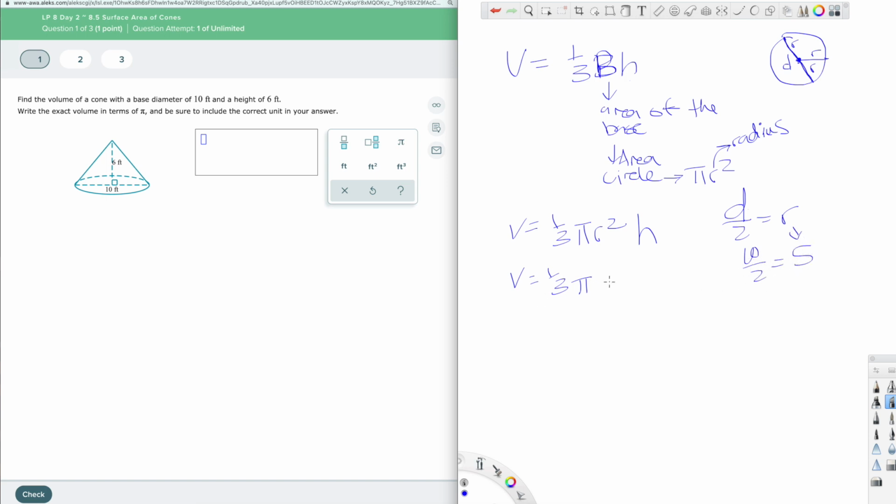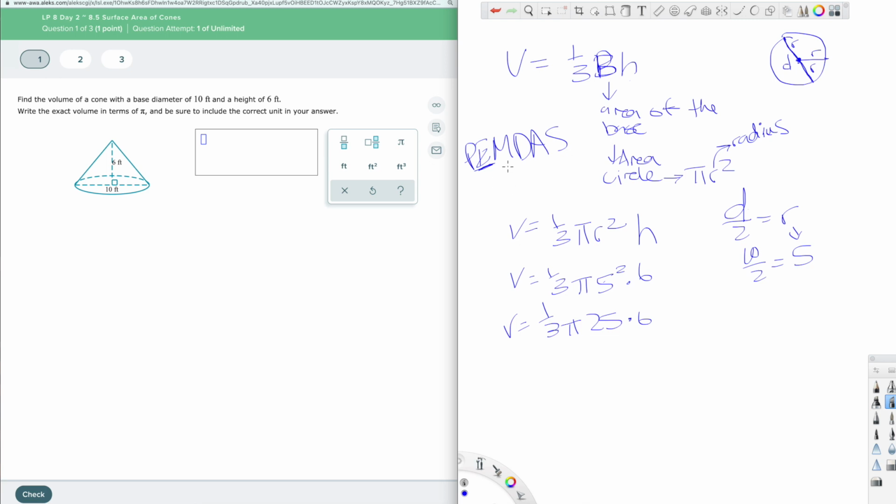So I have 5 squared times the height, which is 6. Okay, so now I have 1/3 pi 5 squared times 6. This is PEMDAS. I have to do exponents first. I don't have any parentheses to deal with, but I do have exponents. So it's 25 times 6.